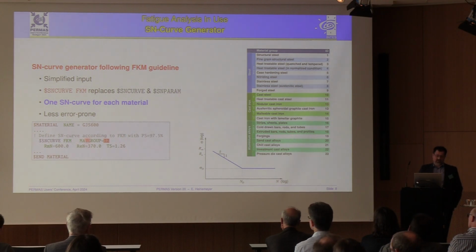Then you enter this in your header line here, and then you provide the ultimate tensile strength, the yield limit, and the stress range of dispersion, so some statistical information. This defines the blue SN material curve following the FKM guideline.